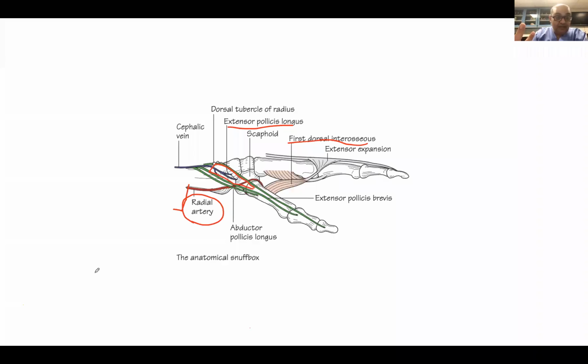What are they doing? Are they not making your fist? And who's controlling them? Median nerve. The intrinsic muscles are more used for fine activities, but the power depends on flexor digitorum profundus and flexor digitorum superficialis. So median nerve is predominating here.